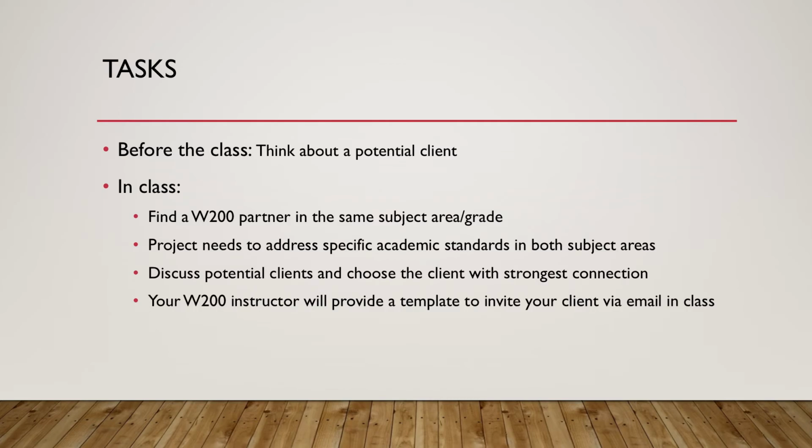Like if it was your first grade teacher, make sure that teacher is still teaching and still at that particular school, because when we come in class, you're going to find a W200 partner who's in the same subject area and grade level. If you're secondary science or secondary arts or secondary foreign language or secondary math and you don't have a partner, I'm sorry, you're going to probably have to work by yourself. Or you can try and find a W200 partner from another section. That might be a possibility.